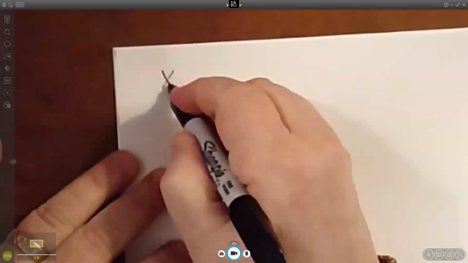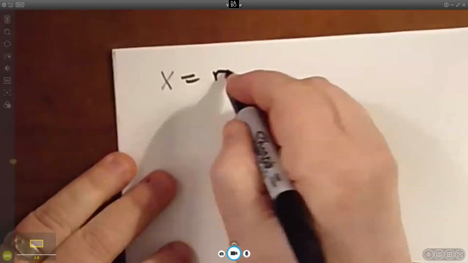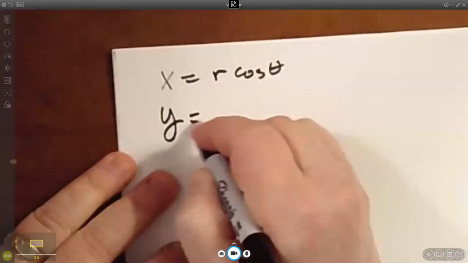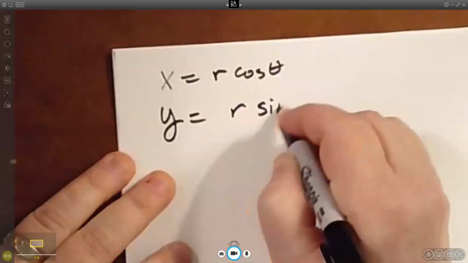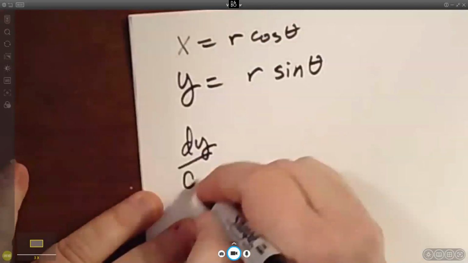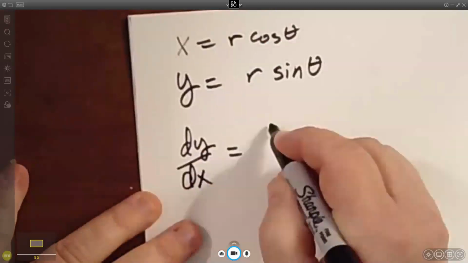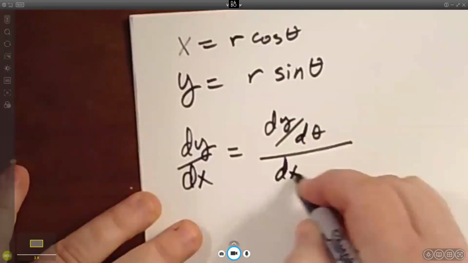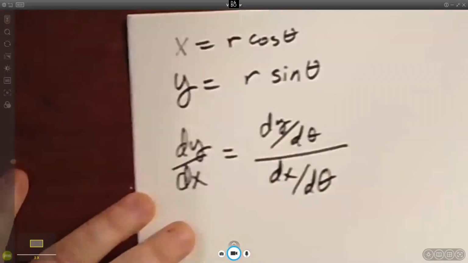As you will recall, x is equal to r cosine theta, and y is equal to r sine theta. So to get dy/dx, that is the same as saying dy/d theta over dx/d theta. Let's do this.